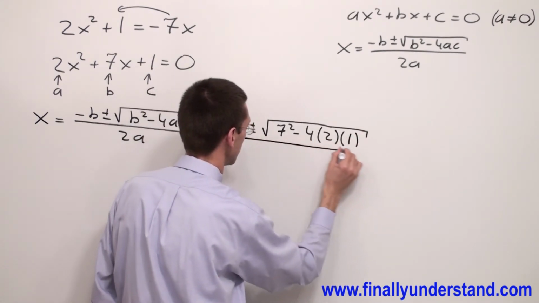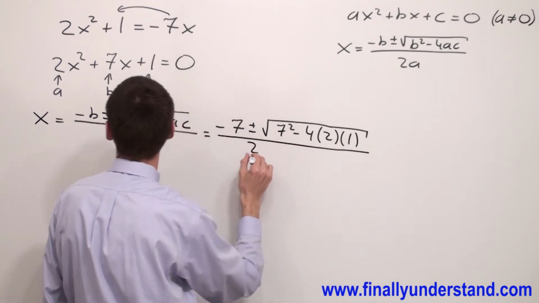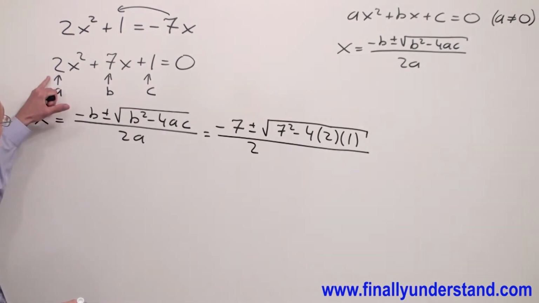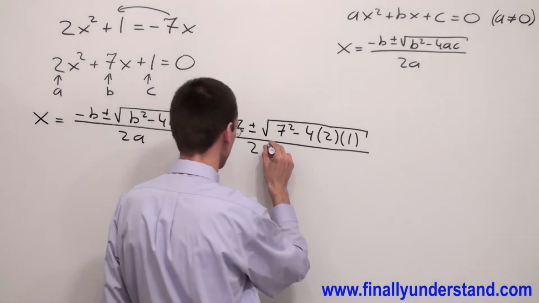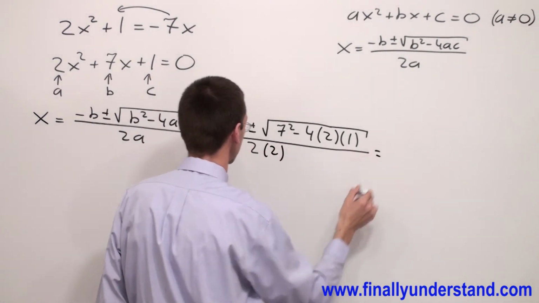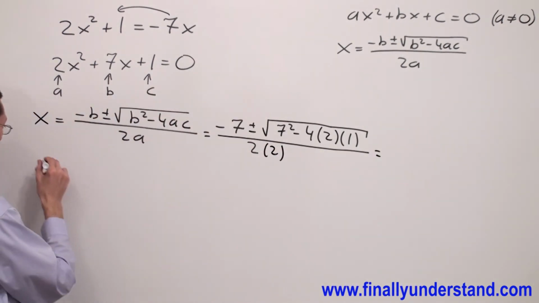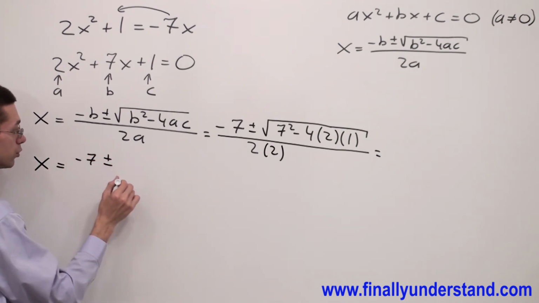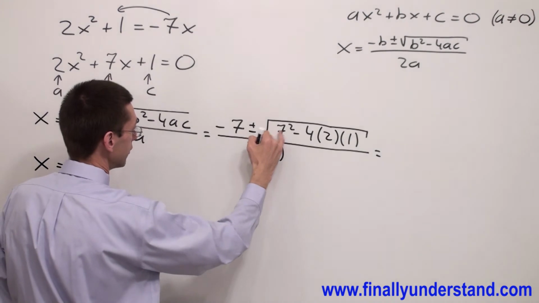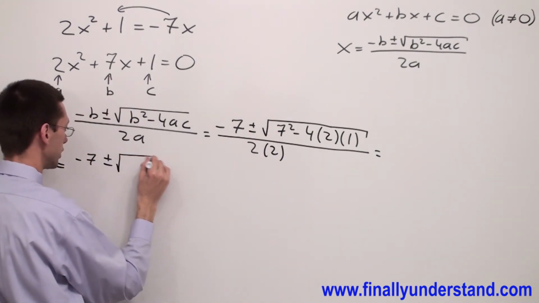over 2 times 2, because a is representing 2. That's why I'm going to write over here 2. x equals -7 plus or minus 7 to the second power, which is 49.